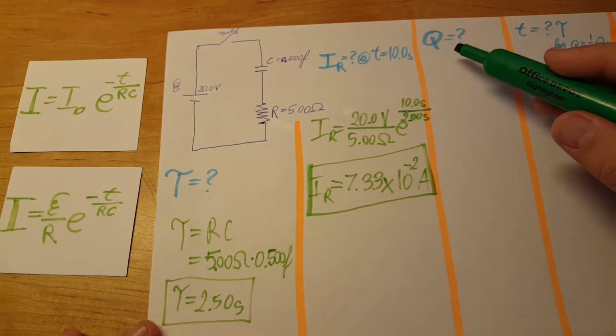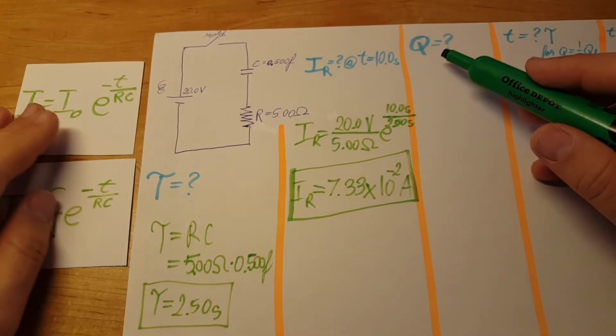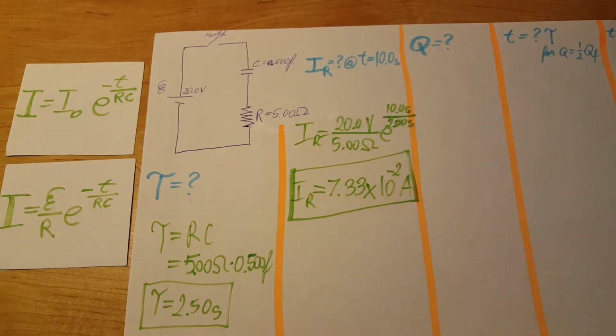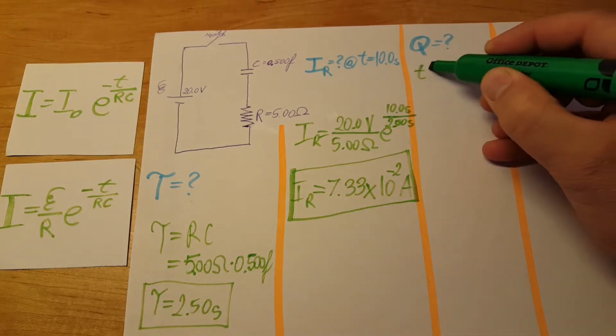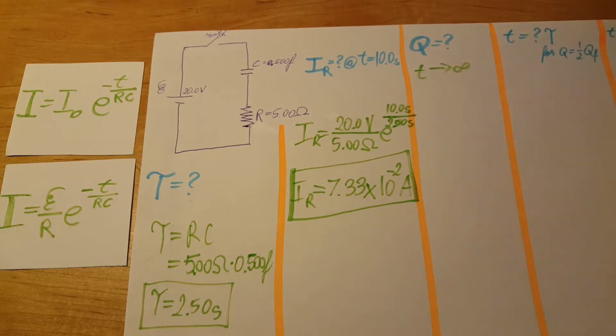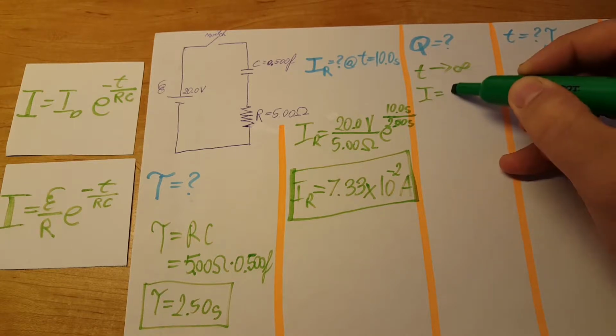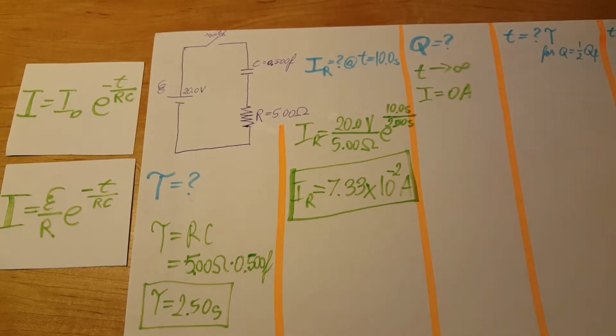The third part is asking us to find the maximum or final charge on the capacitor. So at this point we know that t goes to infinity, after a long time. We know that the current will be 0 amps after a long time, right?